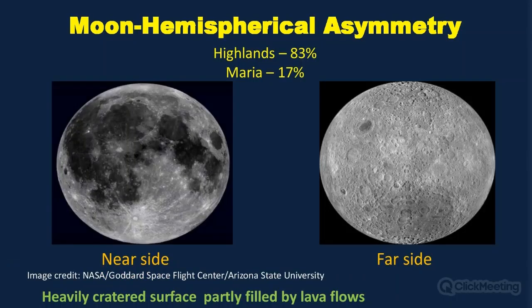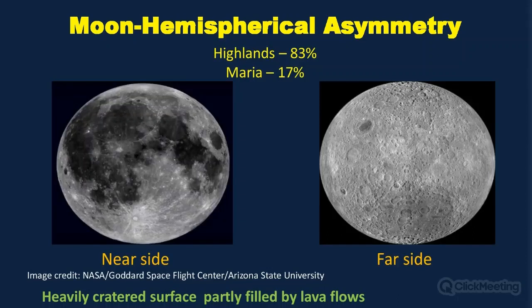So I will only very briefly go through all the inner planetary bodies one by one. The Moon will be covered in detail in the third talk of this webinar series. Just for completeness, I have included the Moon here, and that shows hemispherical asymmetry.